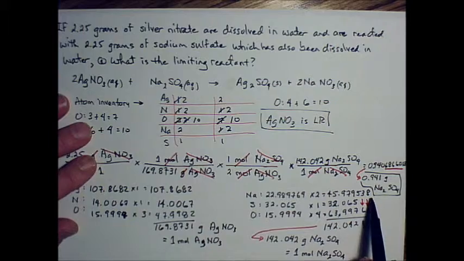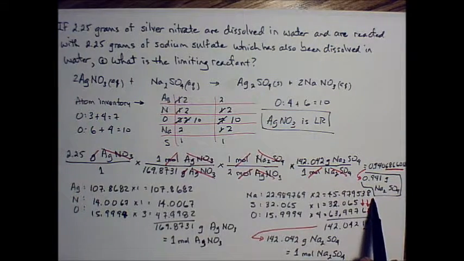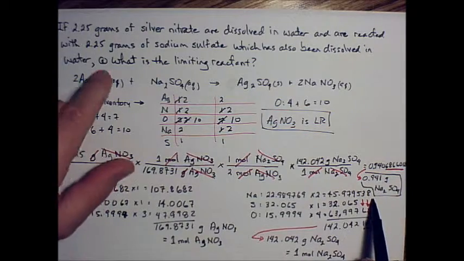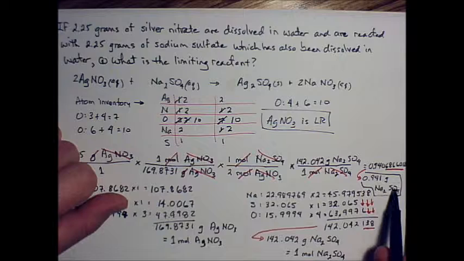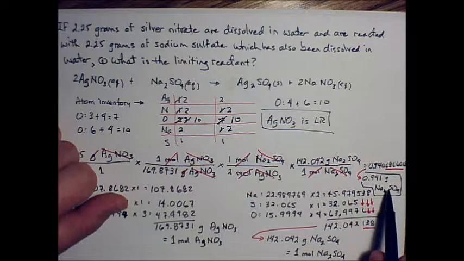If the amount you calculate of a reactant is greater than the amount you're given, then that is the limiting reactant.